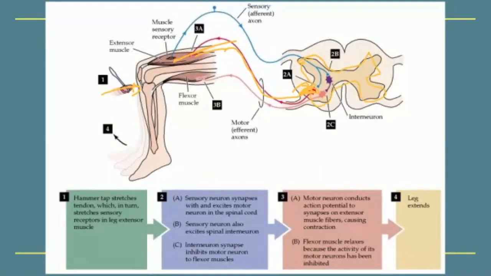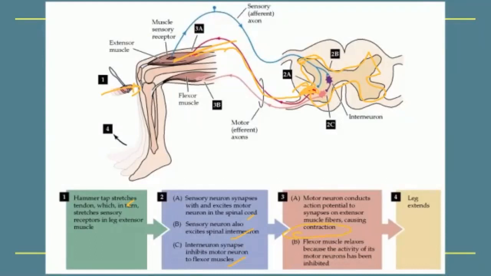spinal column. Okay, so hammer tap, sensory neuron synapse excites motor neuron in spinal cord. Sensory neuron also excites spinal interneuron. Interneuron synapse inhibits motor neuron to flexor muscles. Motor neuron conducts action potential to synapse on extensor muscle fibers, causing contraction.